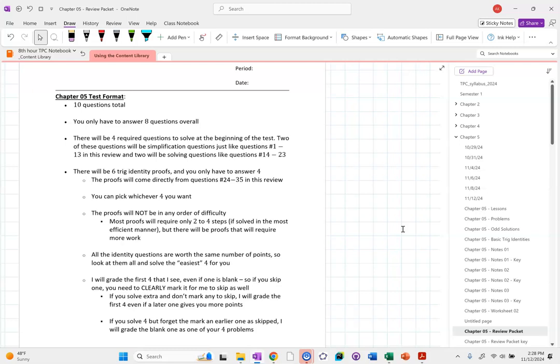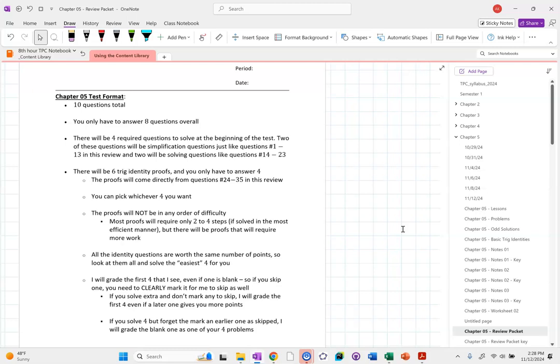Because sometimes you look at them and you know what to do, and sometimes you don't, right? So this gives you a little bit of leeway in terms of staying away from the things where you don't know what to do with this, or you just don't have any good ideas right now. You can avoid that, right? You still have to do some, but it gives you some freedom there to choose.